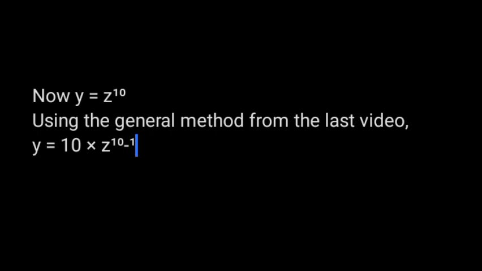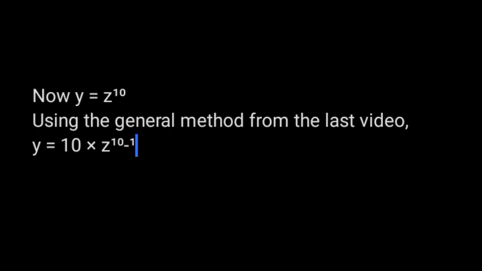Remember from the first video, I mentioned a general method you can use to solve differentiation equations easily. We take that general method now, and we have dy/dz equals 10 times z raised to power 10 minus 1.